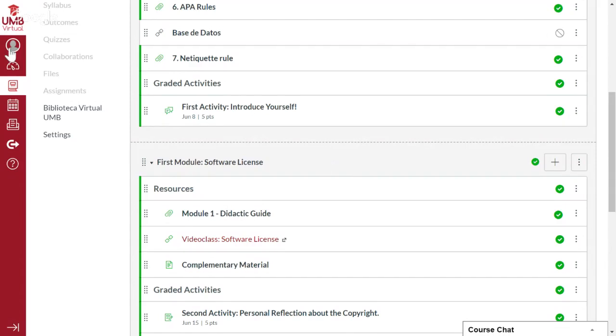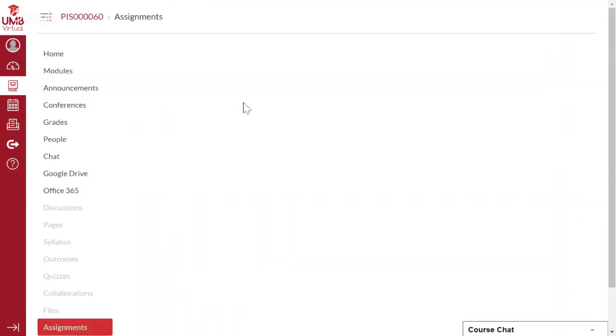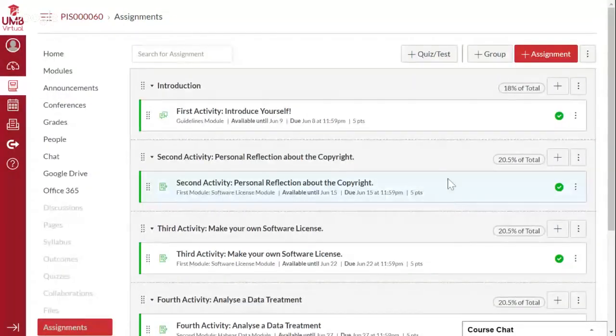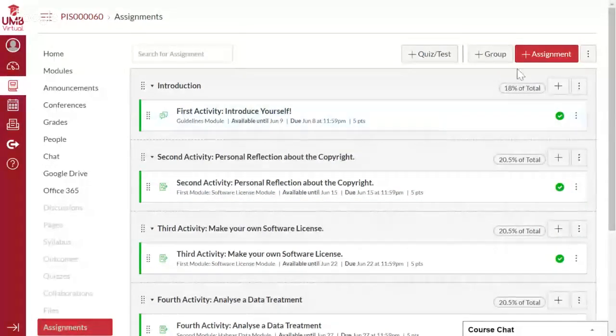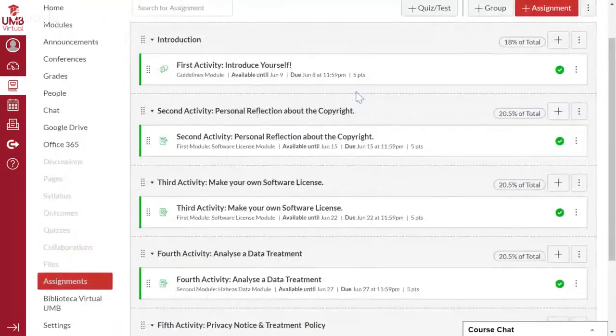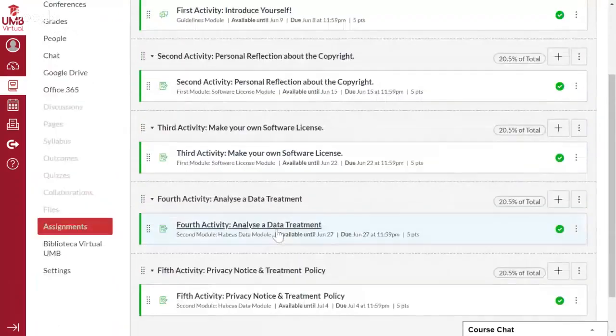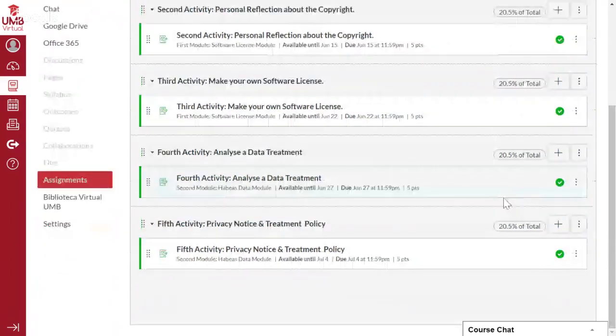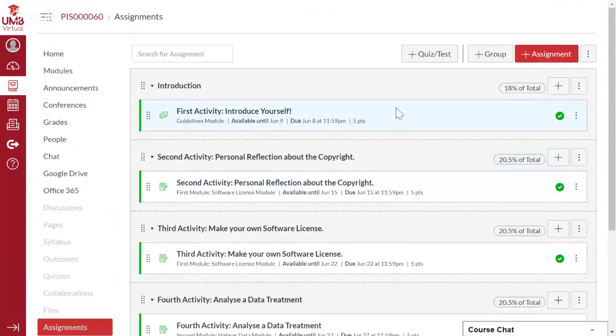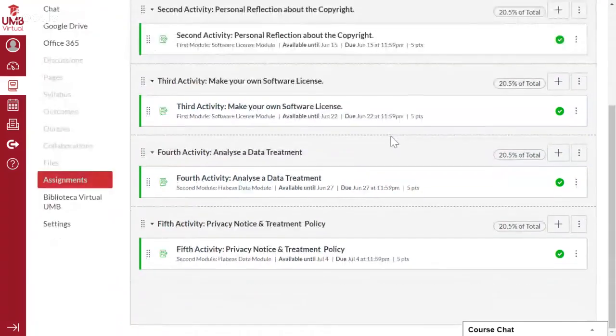As you are seeing on my screen, it will weigh 18 percent of the grade. After that, you will have four more activities, each graded at 20-ish percent, and that is going to be 100 percent of the grade. Mind that there is no final exam.